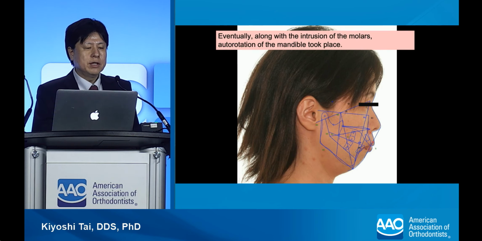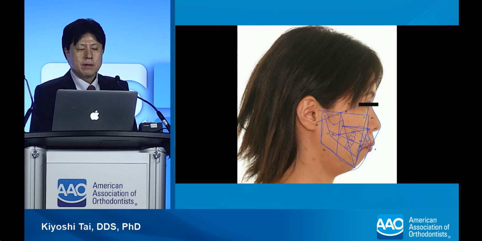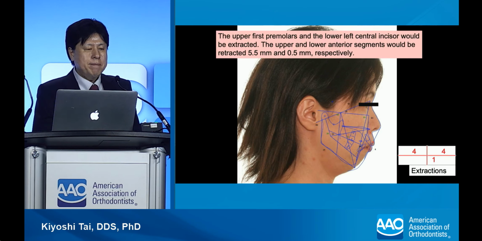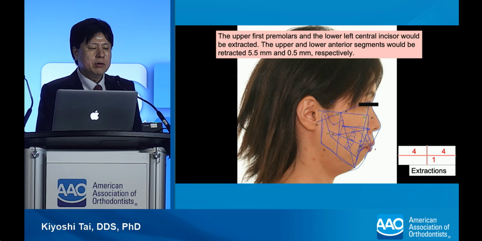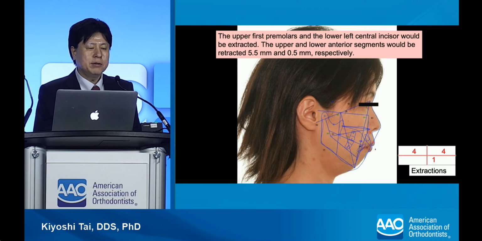Eventually, along with the intrusion of the molars, autorotation of the mandible took place. The upper first premolars and the lower left central incisor would be extracted. The upper and lower anterior segments would be retracted 5.5 millimeters and 0.5 millimeters, respectively.